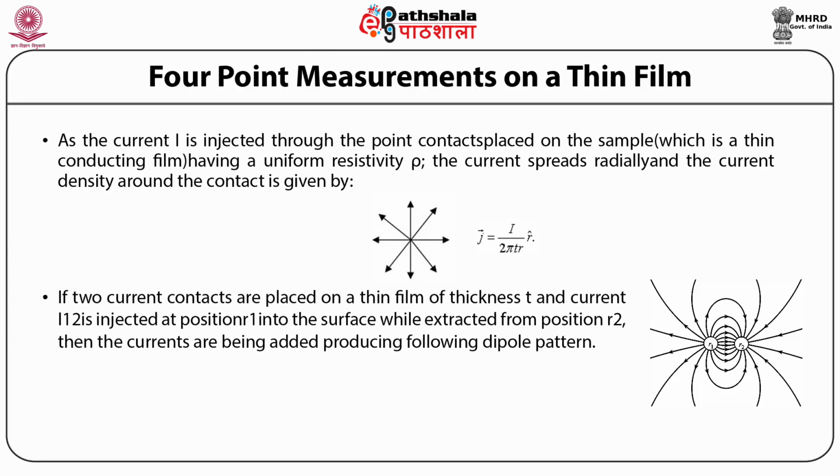If two current contacts are placed on a thin film of thickness t and current I12 is injected at position R1 into the surface while extracted from position R2, then the currents are added, producing the following dipole pattern as shown on the screen.